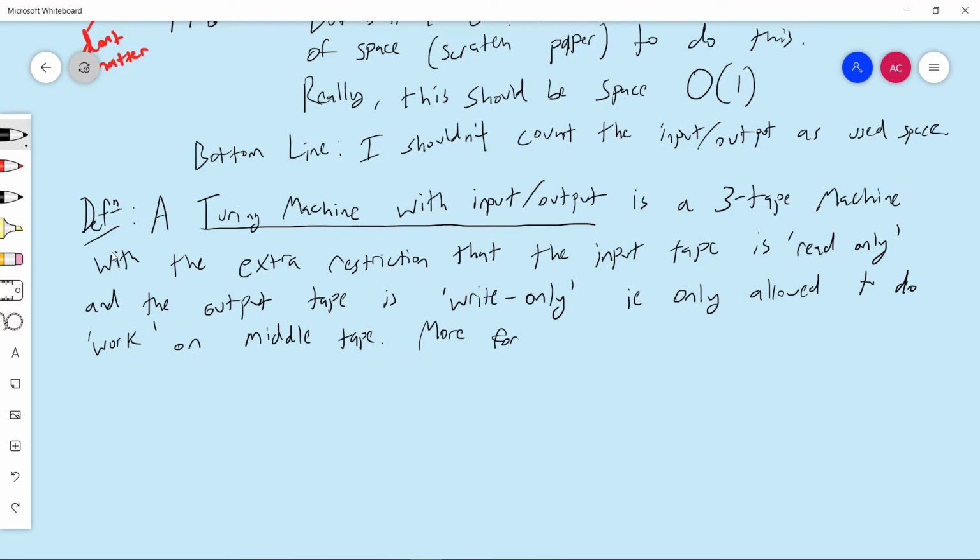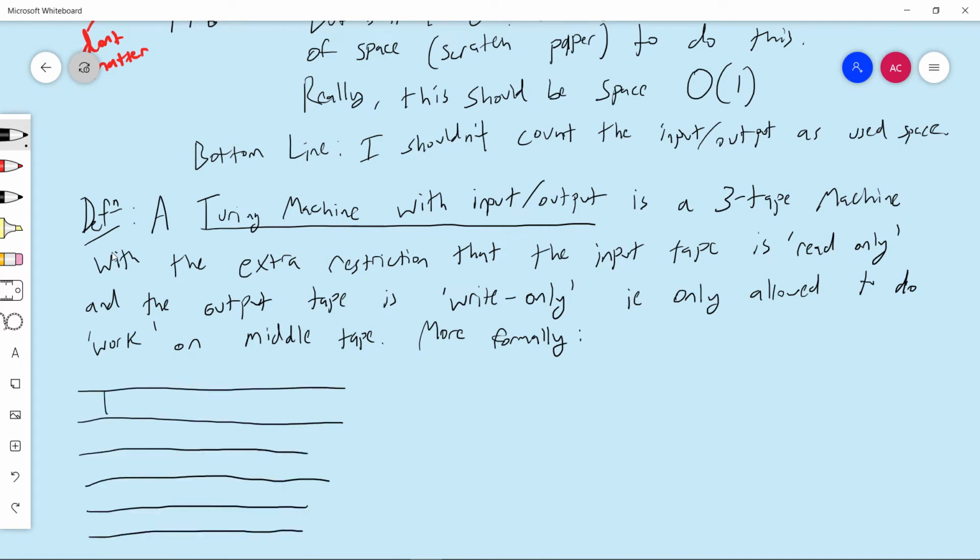More formally, let's think about this. So let me draw some tape. I'm only allowed to read this, and I'm only allowed to write on this. So let's think about the transition function, delta. Delta is a transition function defined for a 3-tape Turing machine.